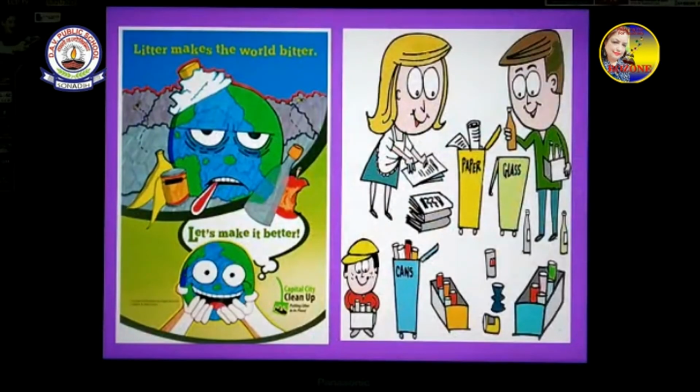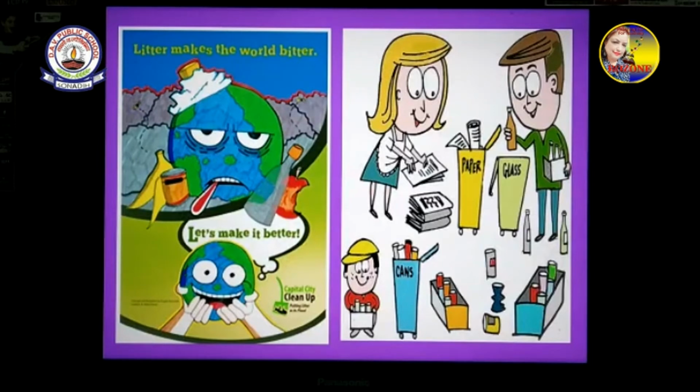Litter makes the world bitter. Let's make it better. So litter means all the garbage which we throw around here and there. That's making the world so ugly, and we are so sad because of the pollution that is right around us.